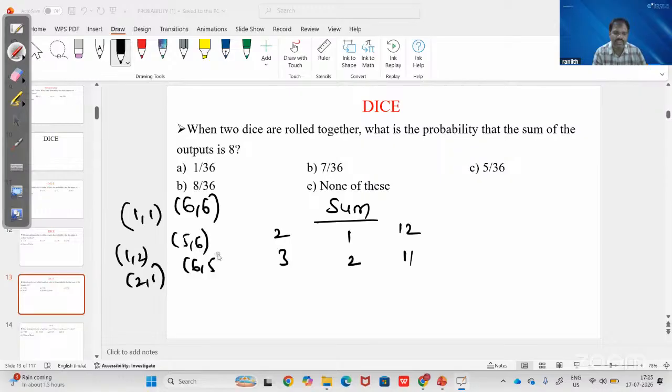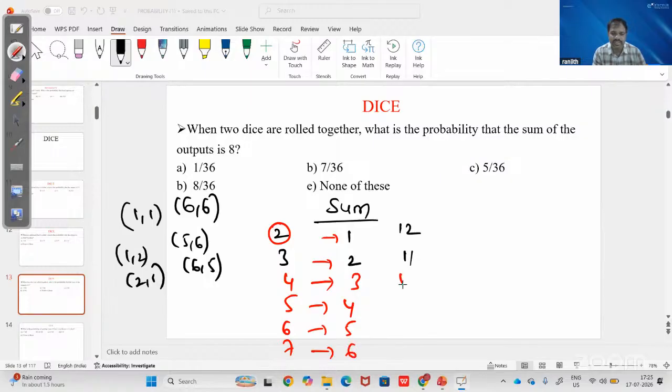Only two possible cases. So when two dice are rolled, sum equal to 2 is one possible case, sum equal to 3 is two possible cases. What about 4, 5, 6, 7? 2 equal to 1, 3 equal to 2, 4 equal to 3, 5 equal to 4, 6 equal to 5, 7 equal to 6.